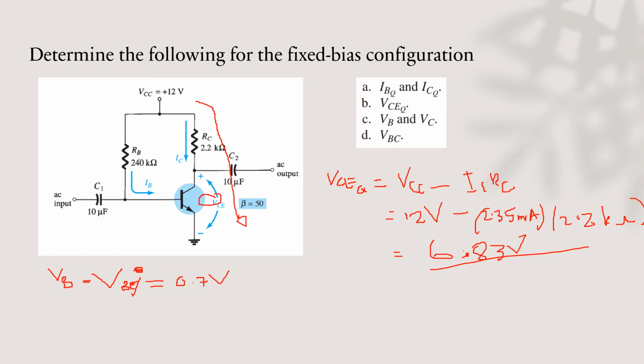Now we solve for VC. VC is just equal to VCE, or the VCEQ, just the same. Since our emitter voltage is just 0, that would be 6.83 volts too.